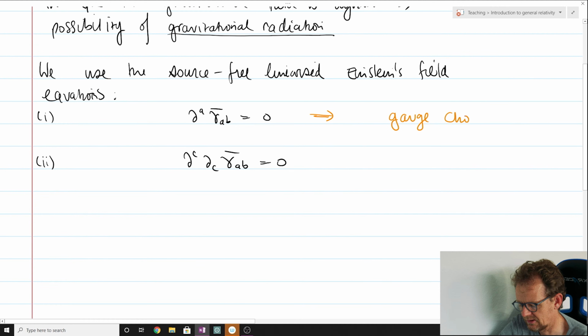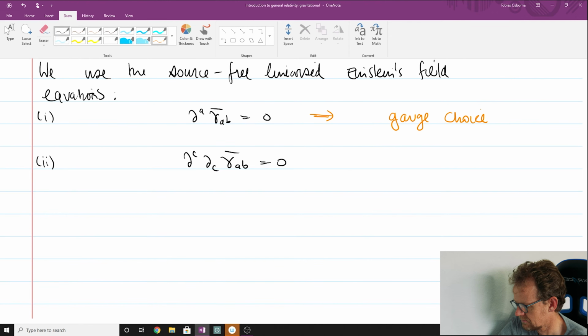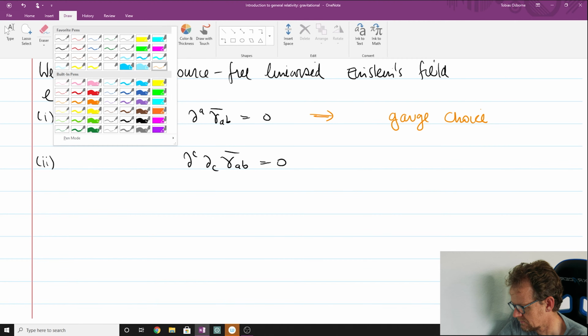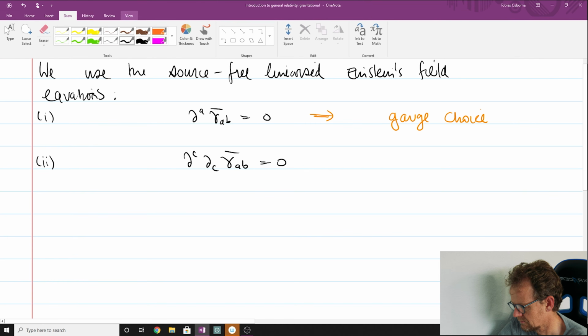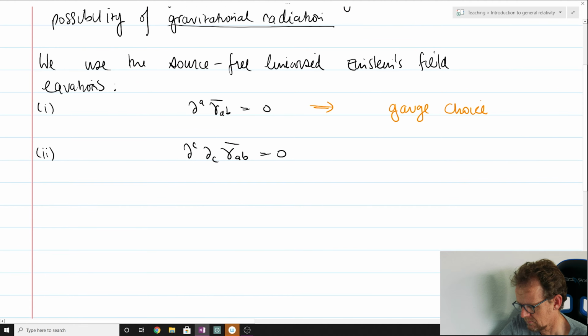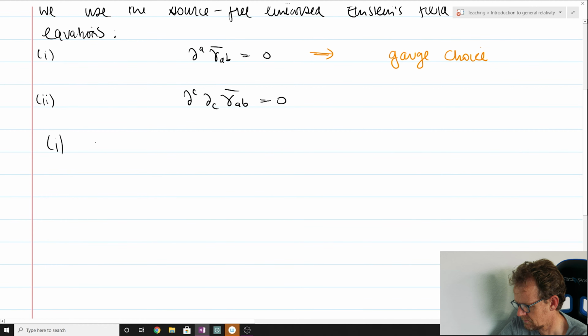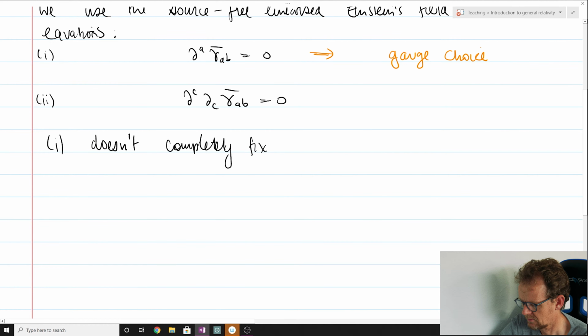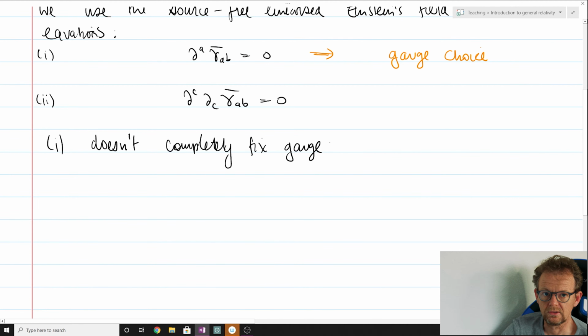As we'll see, condition 1 doesn't completely fix the gauge. There's a little bit of freedom left, just like in the Lorentz gauge in electrodynamics.